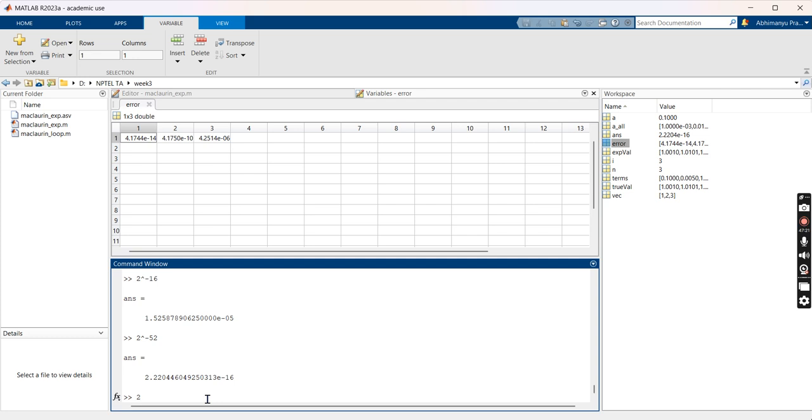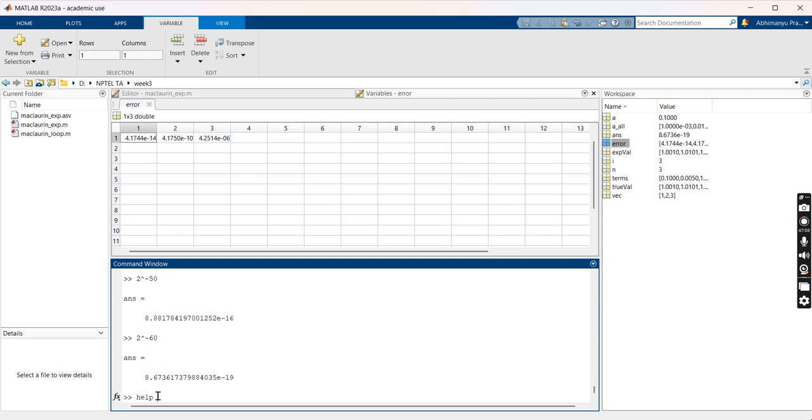Now if I try to type 2 to the power minus 53, sorry, you see, this is okay, becomes less than that. If I try to make it 55, again goes further down. Again goes further down. But for numerical computation, it cannot store.